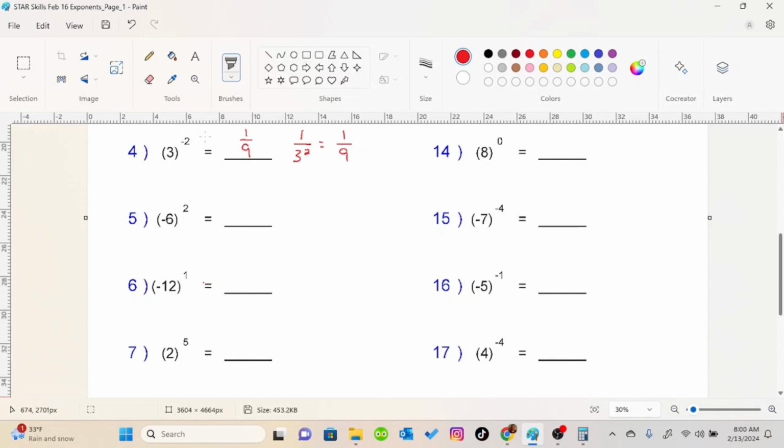Number 5, we have negative 6 squared. A negative times a negative is going to be a positive, and 6 times 6 is 36. So negative 6 squared is 36.